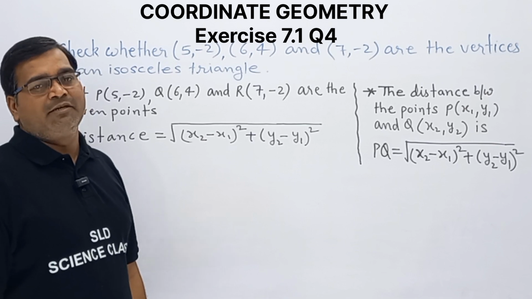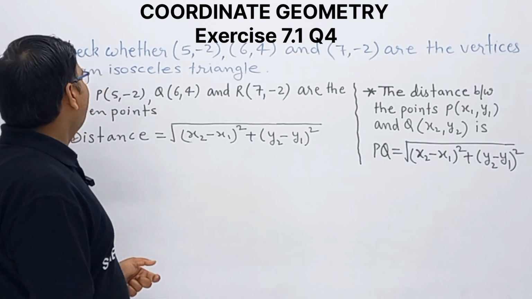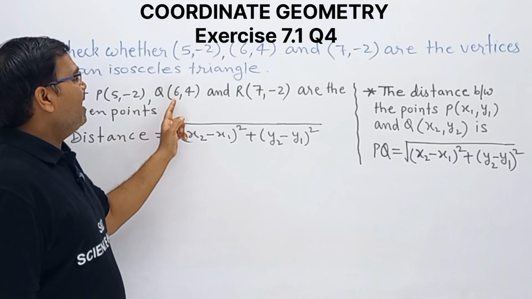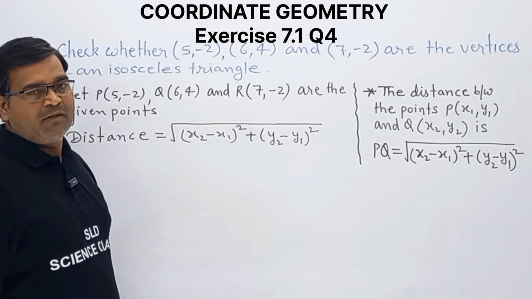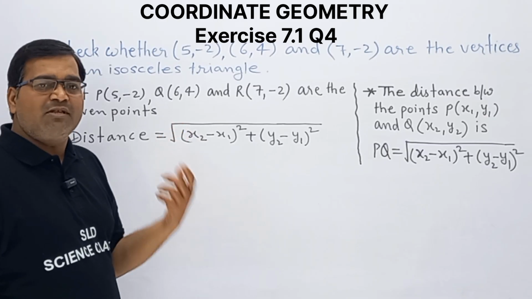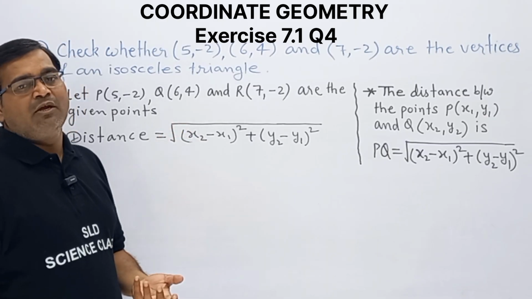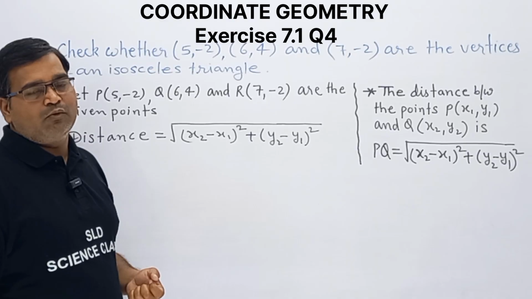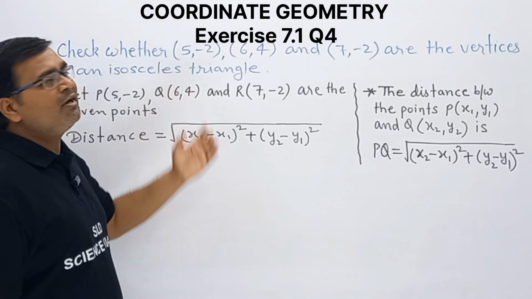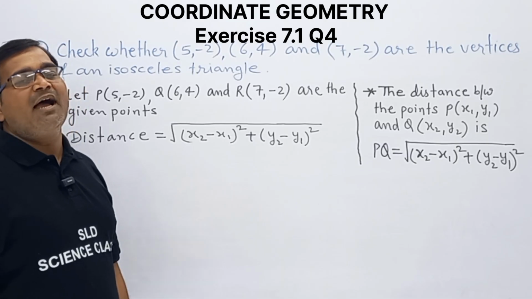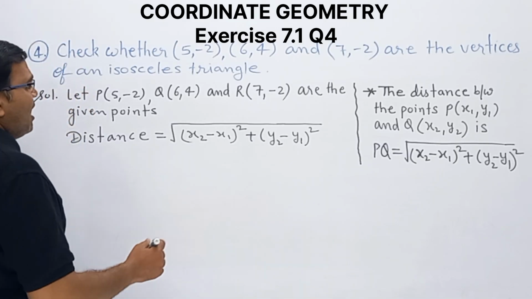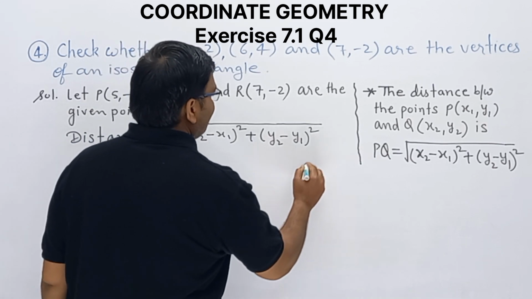It means once we find the distances PQ and QR, or we can say an isosceles triangle has 3 sides, and out of 3, 2 sides are equal, then we can say these points are vertices of an isosceles triangle. Clear?